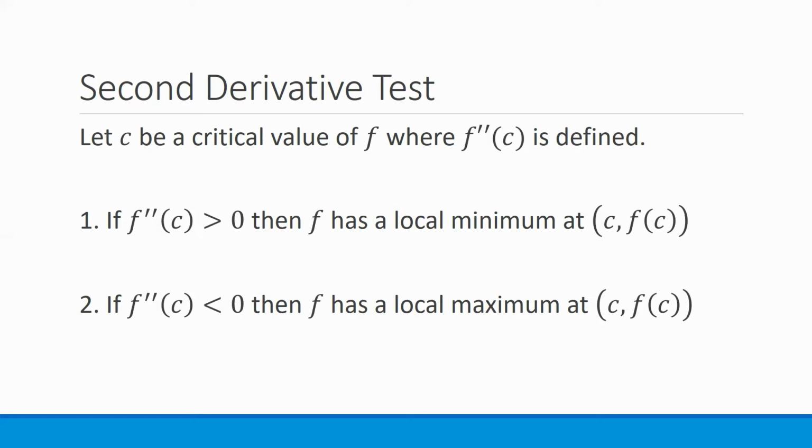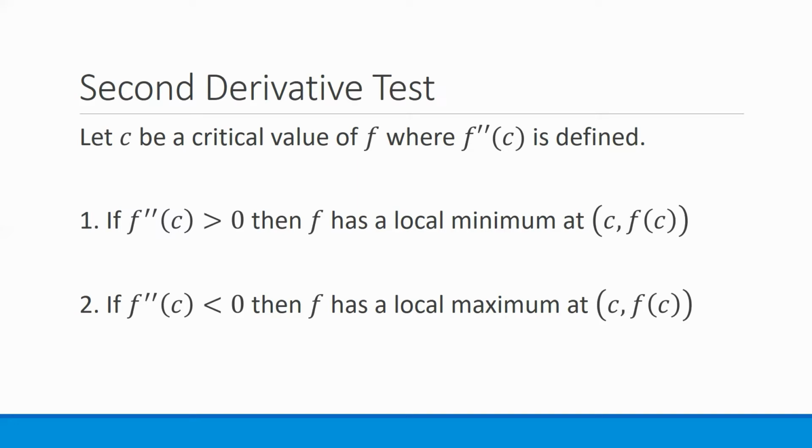The second derivative test is usually a little bit faster than the first derivative test that we looked at earlier. So it is a very useful way to quickly decide whether a critical value is a relative minimum or a relative maximum.